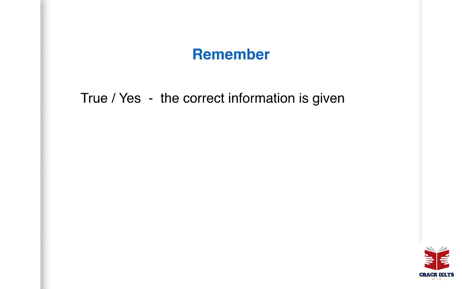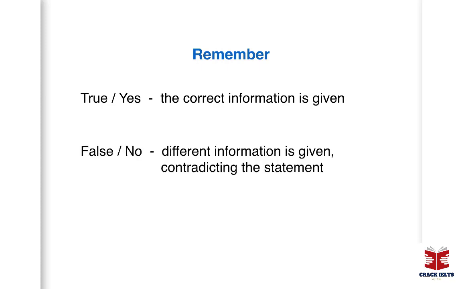Now let's make sure we understand when to choose true, when it's false, and when to choose not given. Remember, true or yes is when the correct information is given in the passage. You can definitely show that. False or no is when different information is given, contradicting the statement.